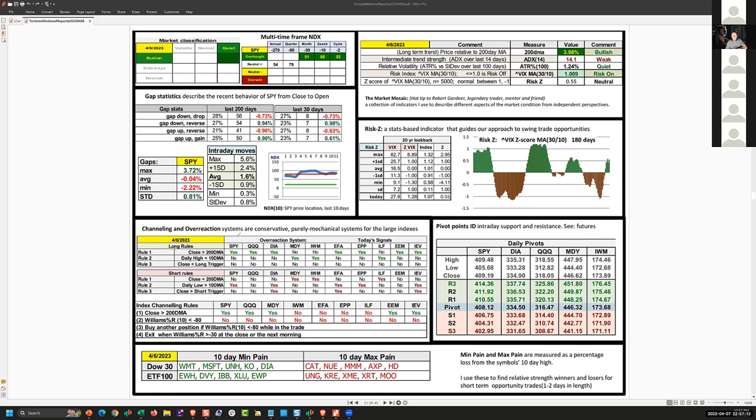Now, the next section here is the channeling system and the overreaction. These are conservative, purely mechanical swing systems for the large indexes only, if you are trading that formal system. It only uses these symbols. There are very simple rules. The channeling has two rules.